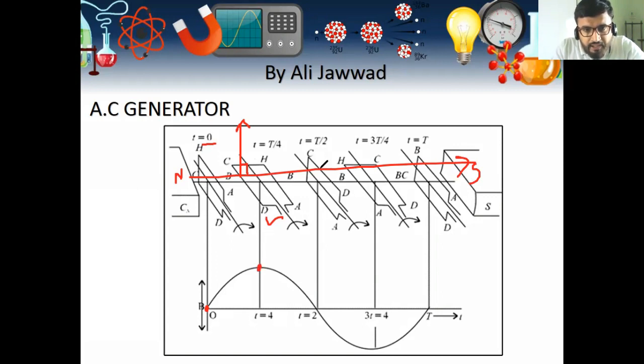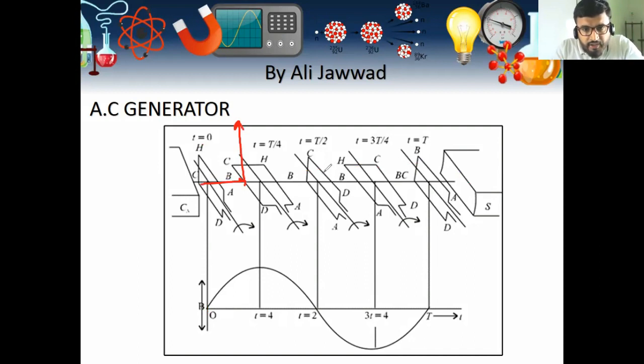But in this first and third position, the velocity vector is becoming parallel with the magnetic field. So at these points, we can observe that the voltage is 0, because according to Fleming's left-hand rule again, the magnetic field and the velocity should be at 90 degrees to give the induced current.